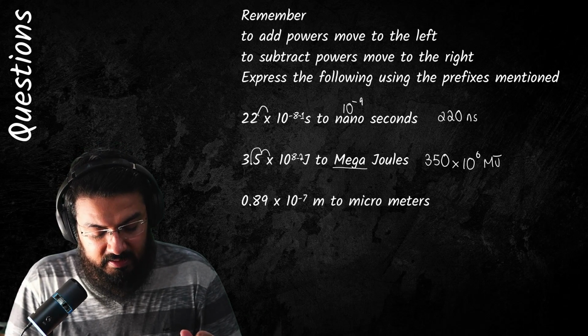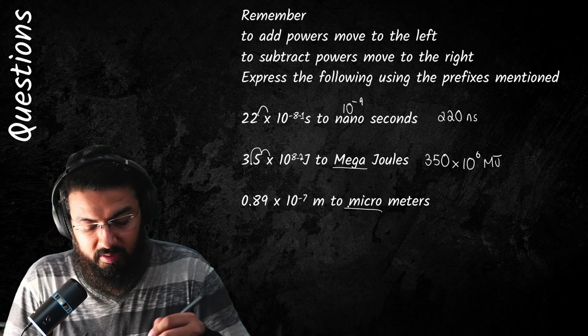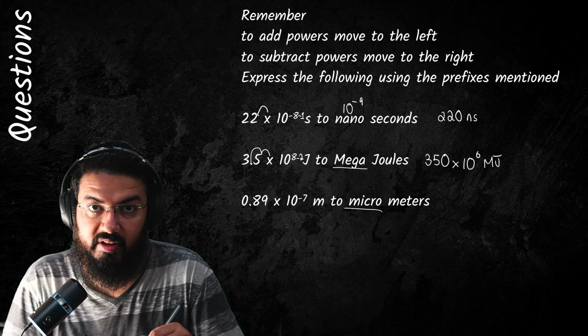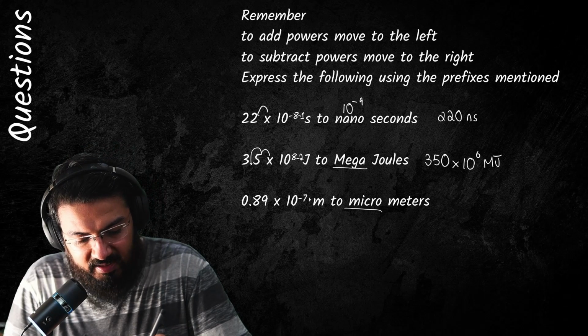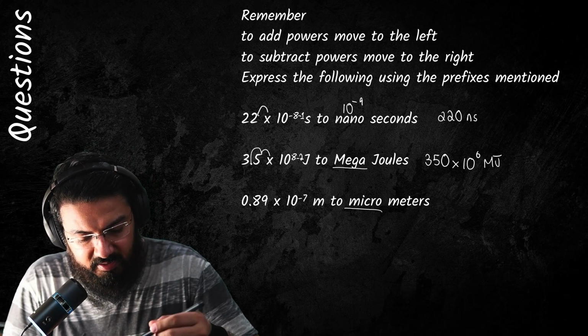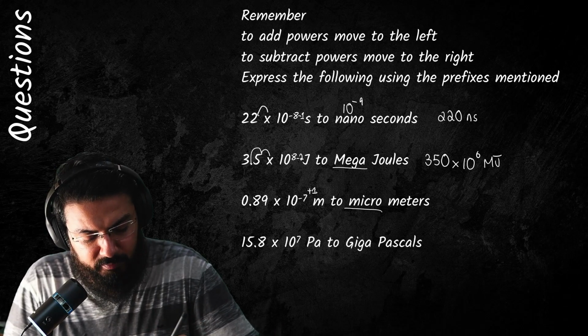0.89 into 10 raised power minus 7 meters to micrometers. All right, so micro is basically what? This right here is 10 raised power minus 7. I want to convert this to 10 raised power minus 6. So I'm going to add 1. And adding 1 means moving to the left.